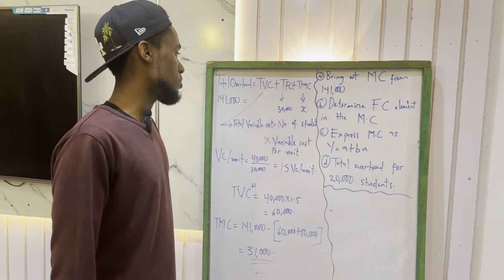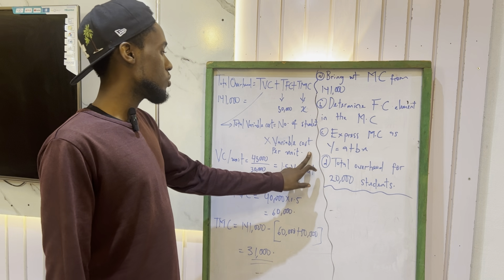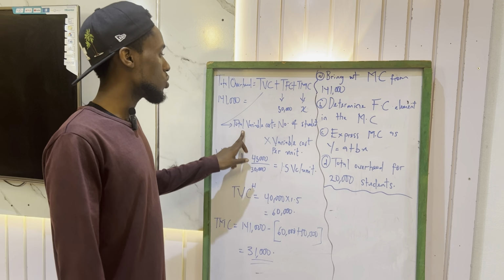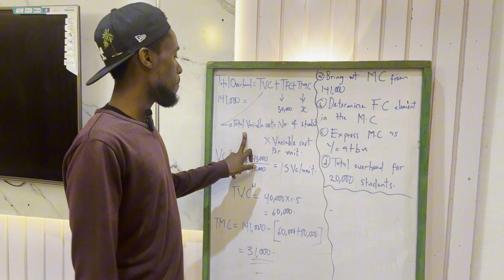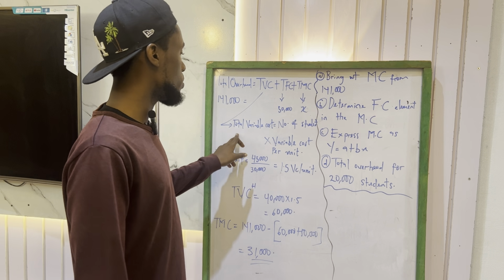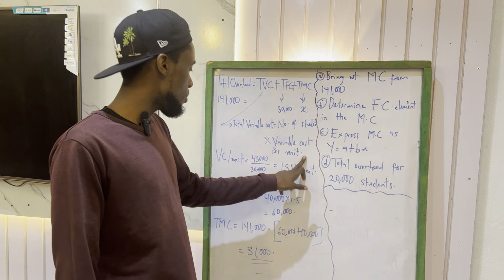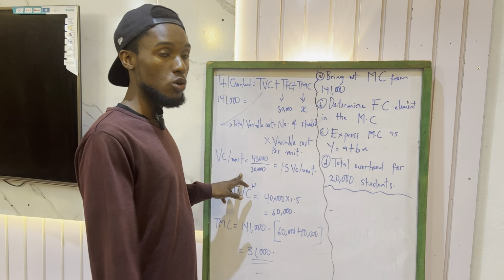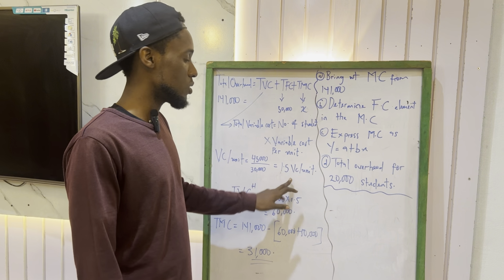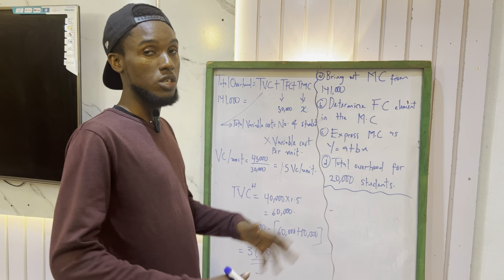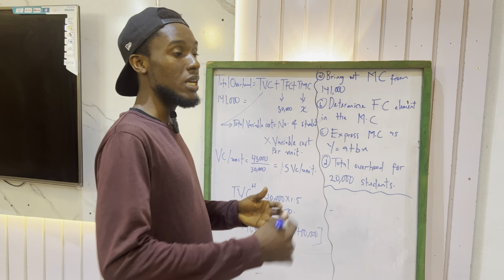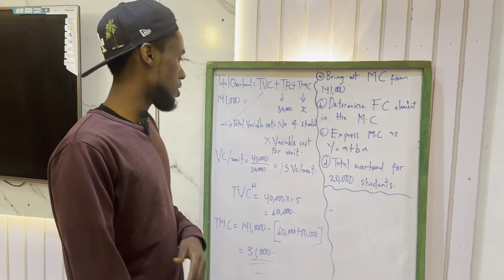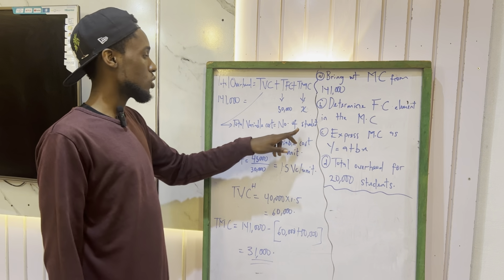What we did not have was the total variable cost. Why didn't we have that? Because we did not have the variable cost per unit. So we had to obtain the variable cost per unit from the information of the low side. It is the same thing. The only thing that was changing, the only variable there, was the level of output, which was the 40,000. We slotted this back here.